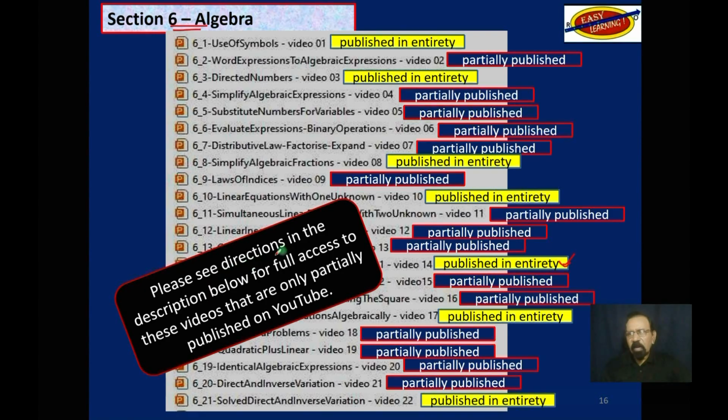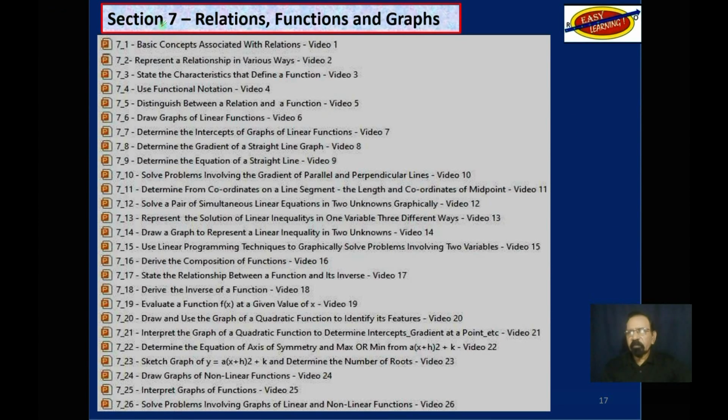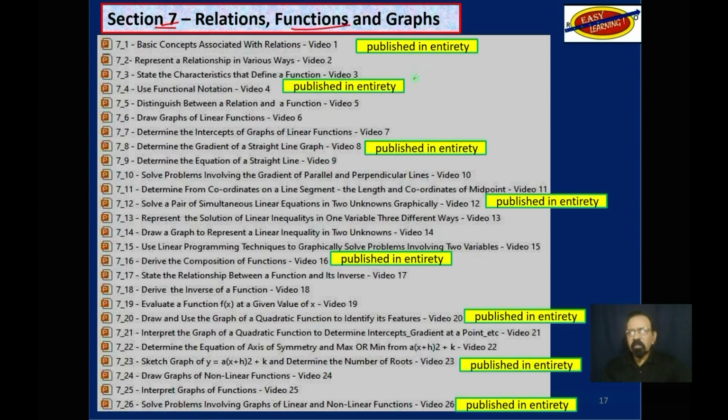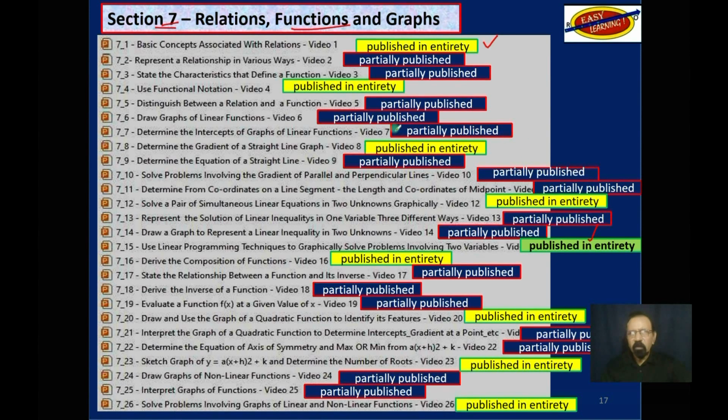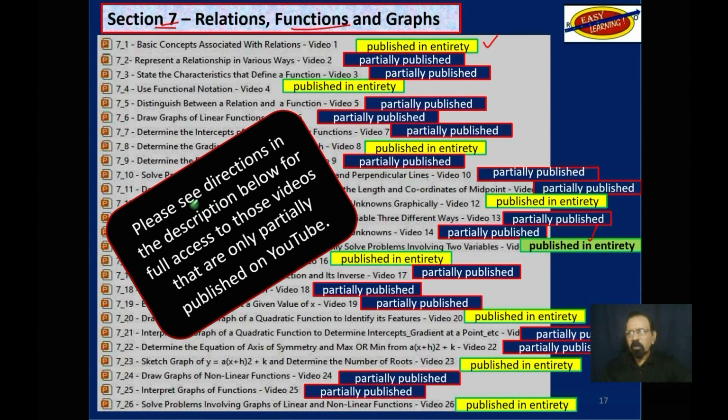Again, please see directions in the description below for full access. Section 7, fairly difficult section, Relations, Functions, and Graphs. And these 9 videos have been published on YouTube in their entirety. The others, partially published. Please see directions in the description below for full access to these videos that are only partially published on YouTube.